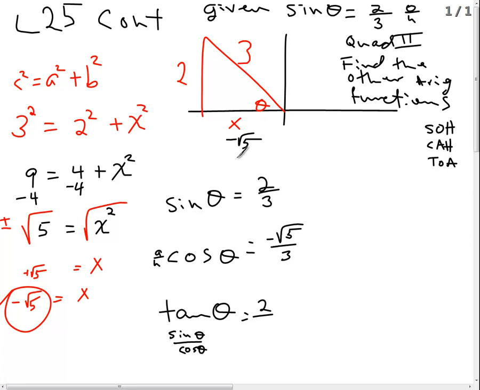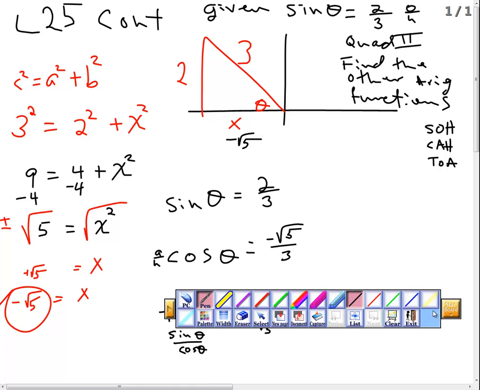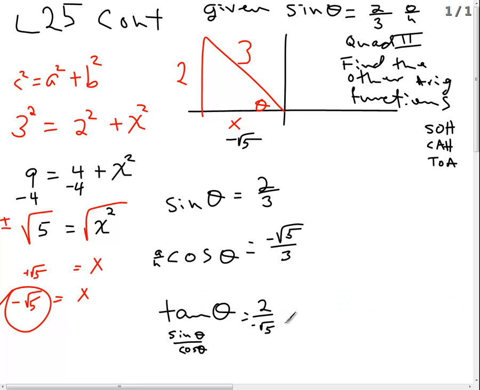So that would be negative square root 5, right. Which we have to rationalize the denominator. So we have to multiply that by square root 5 over square root 5. So that would make it negative 2 square root 5 over the square root of 25, which would be 5. All right? Questions with that?